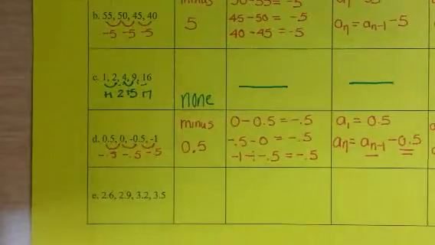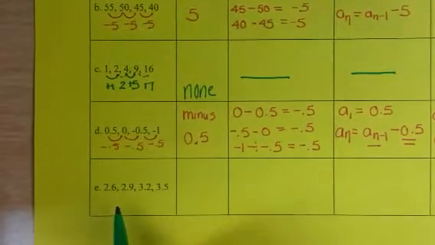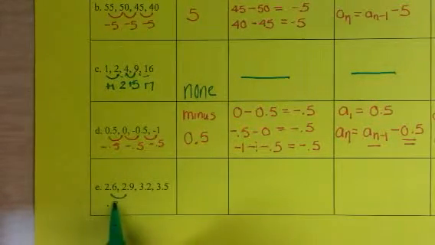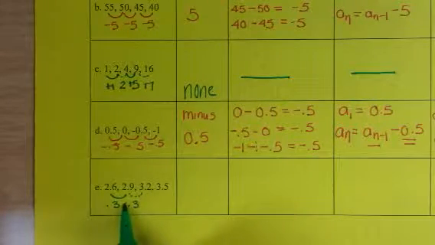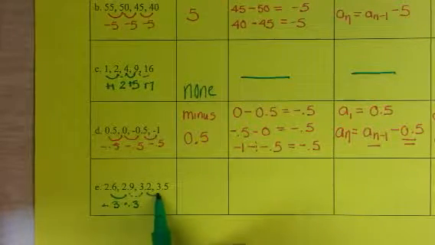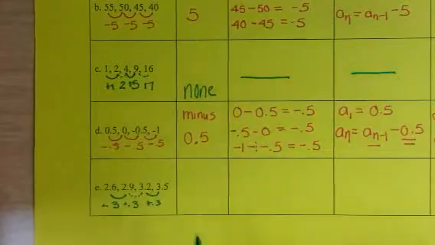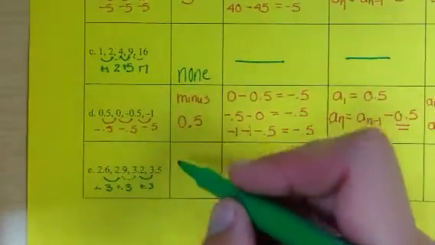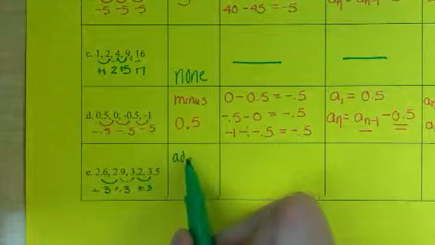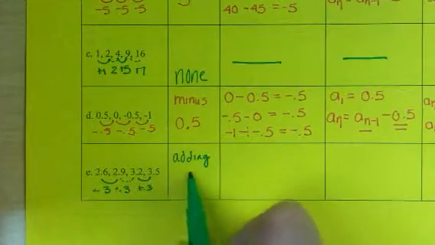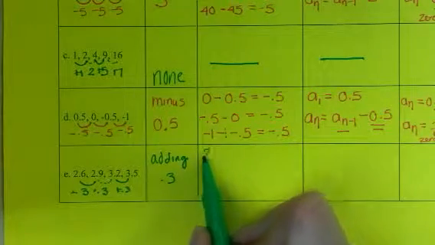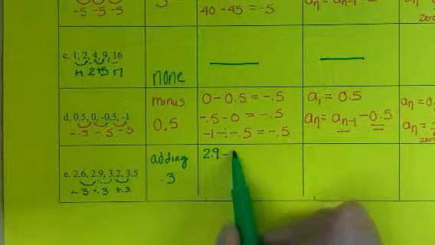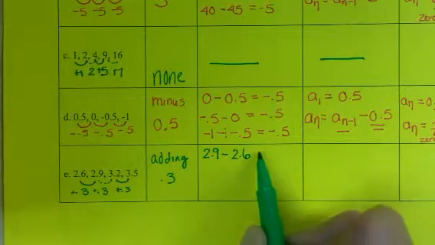Okay, let's look at one more. So I have 2.6 to 2.9. I'm adding 0.3. 2.9 to 3.2, I'm adding 0.3. And 3.2 to 3.5, I'm adding 0.3. So my pattern is I'm adding 0.3. So to check it, you take your next term, which would be 2.9, minus your previous term, which is 2.6.